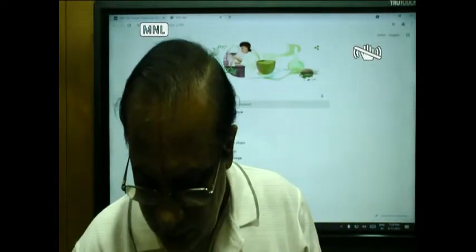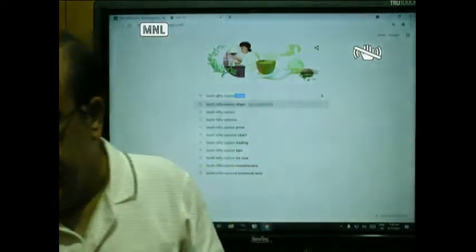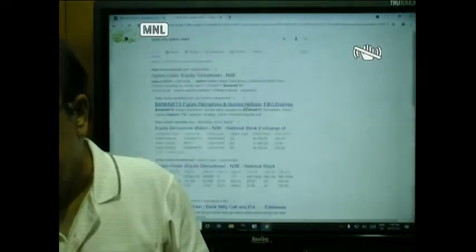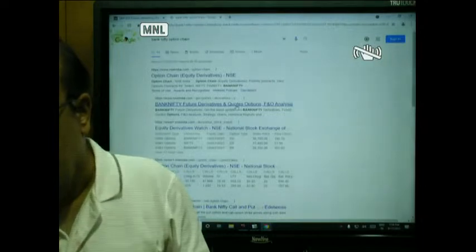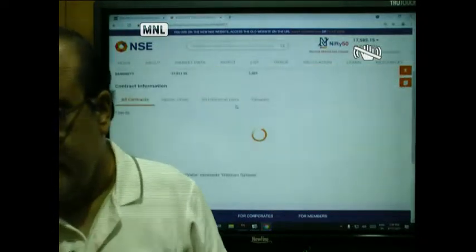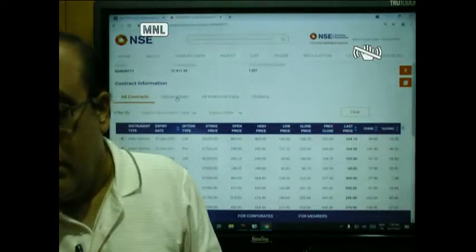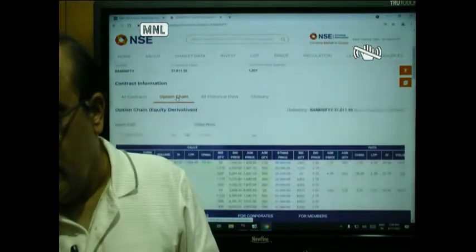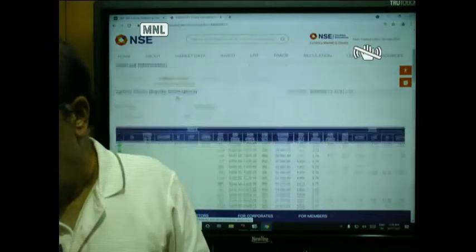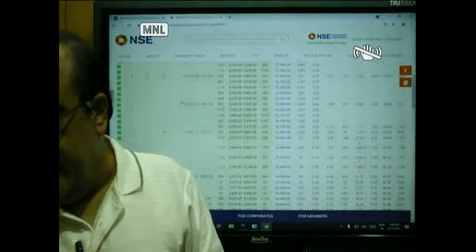Bank Nifty option chain. So Bank Nifty spot close is 37,811.